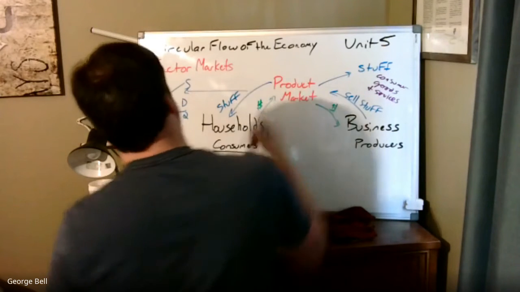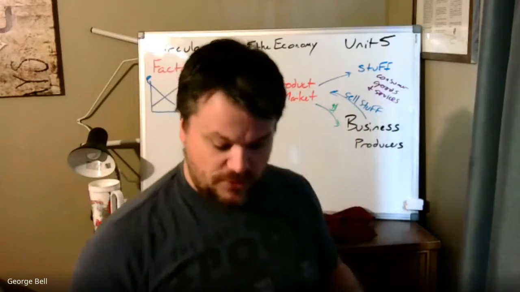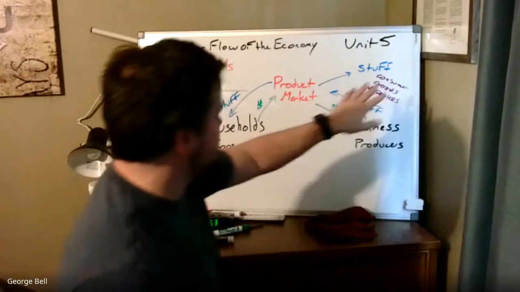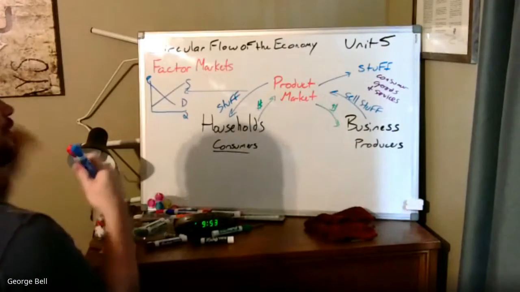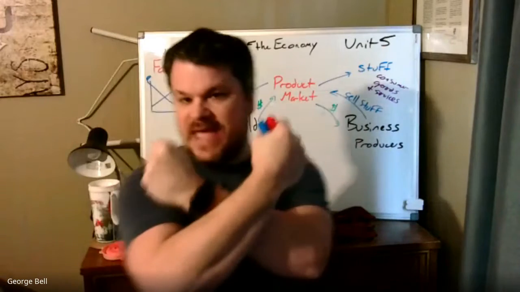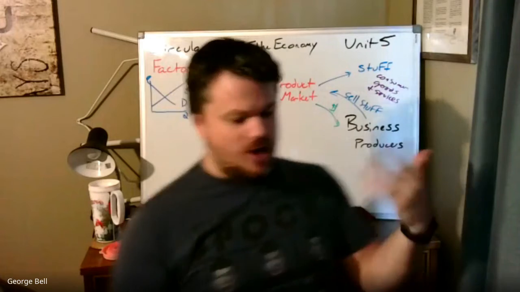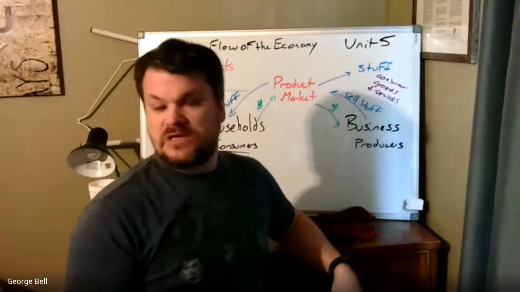Whether it's your iPhone, your iPad, your Samsung Android, whether it's a watch, whether it's a computer, whether it's coffee from Dunkin' Donuts, that is stuff. That is consumer goods and services. And product markets then give us the generic abstract idea of the way supply and demand interacts in the world to determine price.